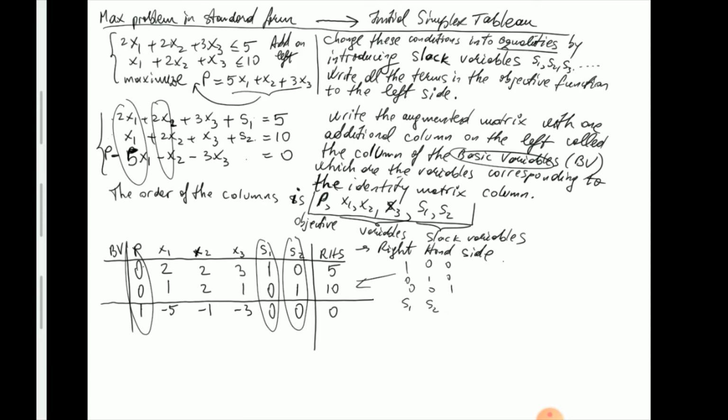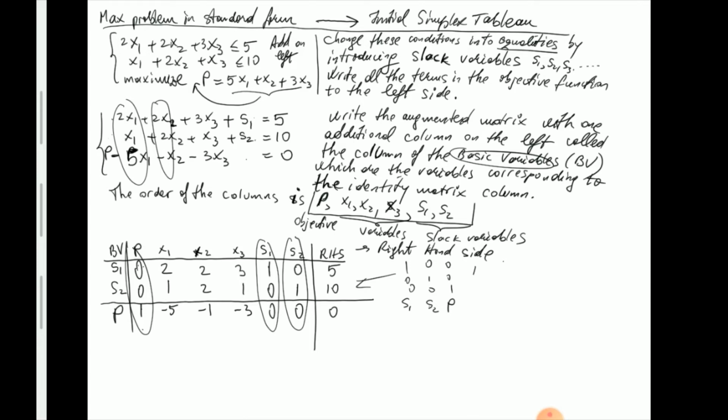So in the beginning, notice that s1 corresponds to 1, 0, 0. So that gets to be the first basic variable. Write it on the left. s2 corresponds to 0, 1, 0. This gets to be the second basic variable. And finally, P corresponds to the column 0, 0, 1, and therefore the last basic variable is P.